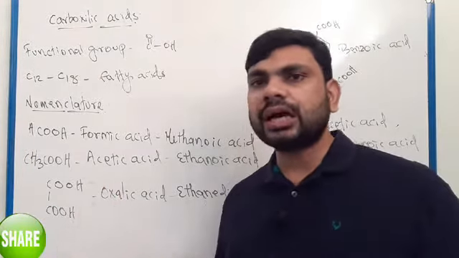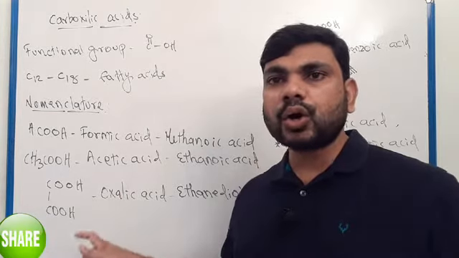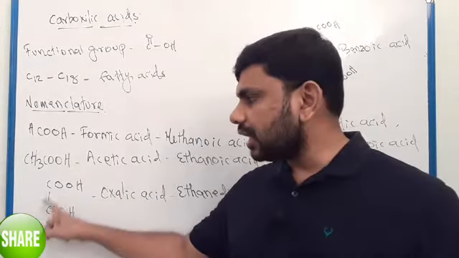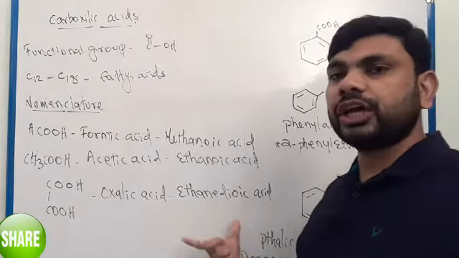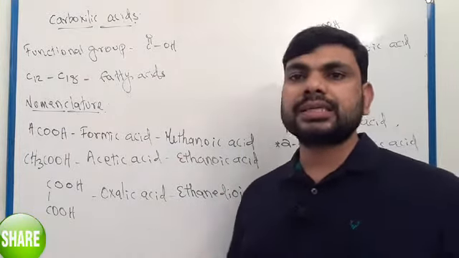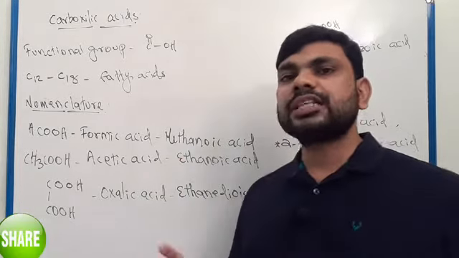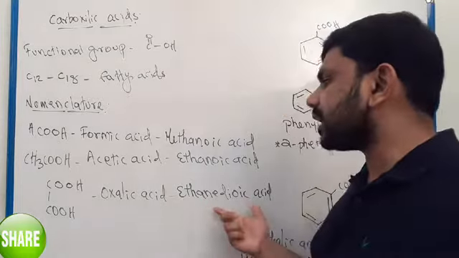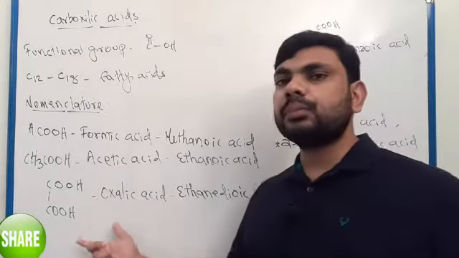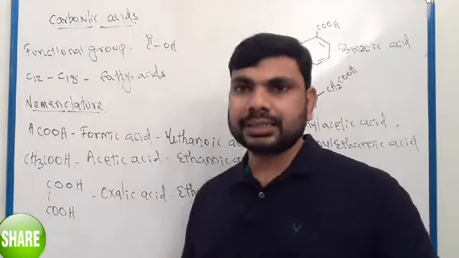It is a dicarboxylic acid. Here two carbons, so ethane dioic acid; with two COOH, that's why we say dioic acid. This is the IUPAC name of oxalic acid.